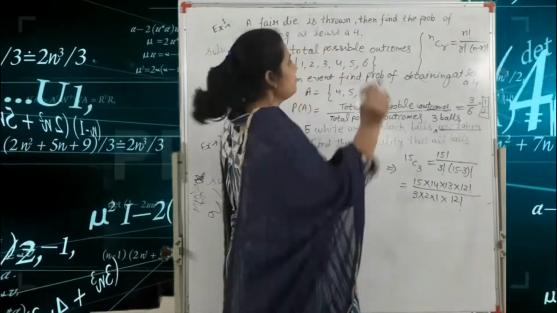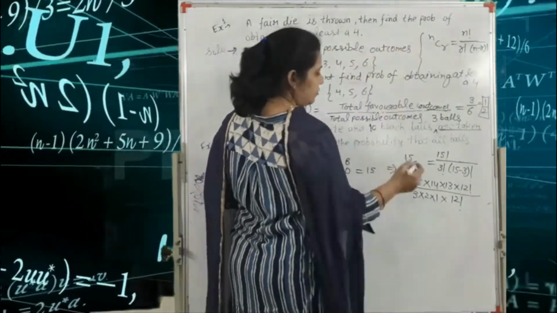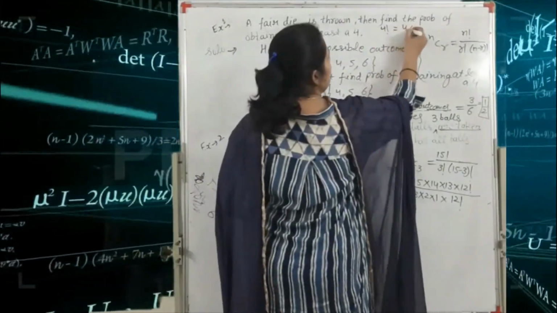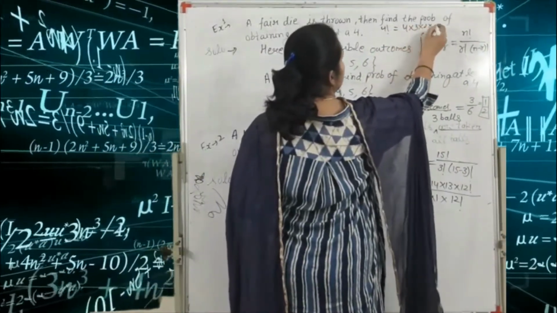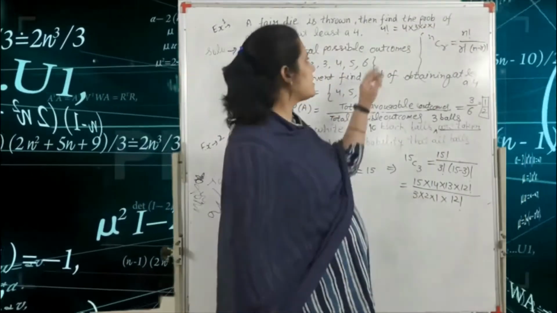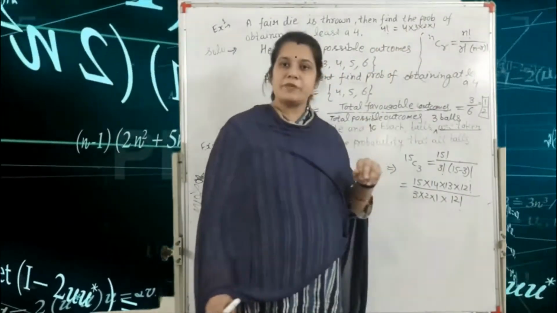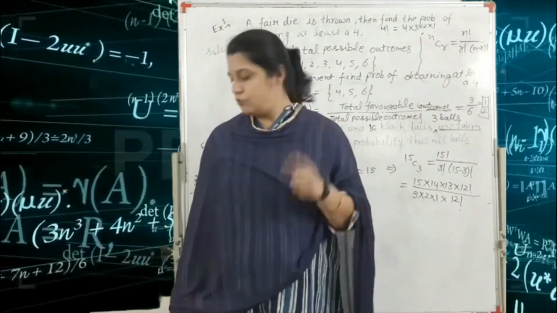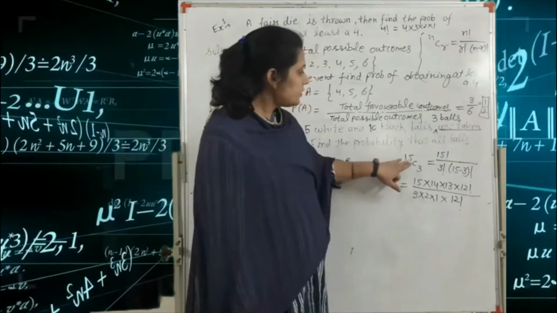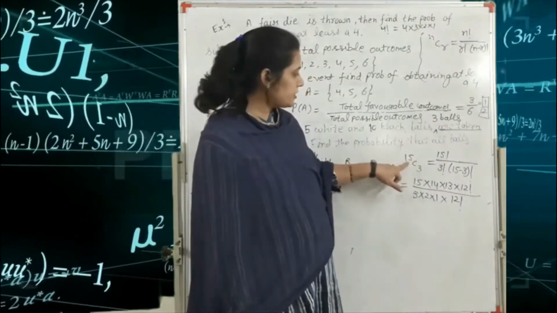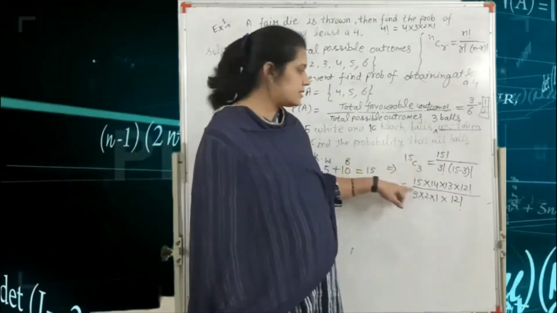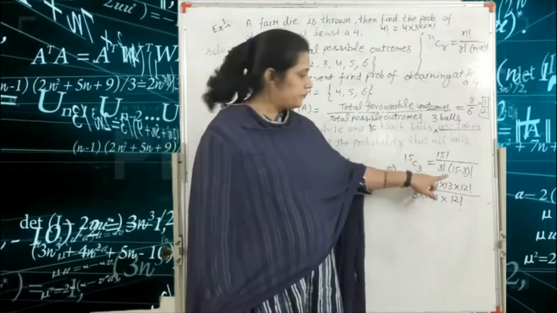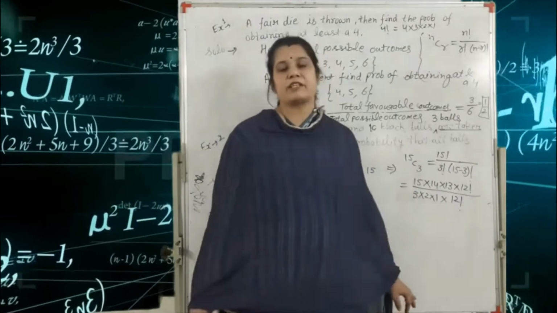For example, open the factorial 4: 4 into 3 into 2 into 1. 4 3s are 12, 12 2s are 24. That means factorial 4 is equal to 24. So here you open 15C3, that means factorial 15 divided by factorial 3 into factorial 12.